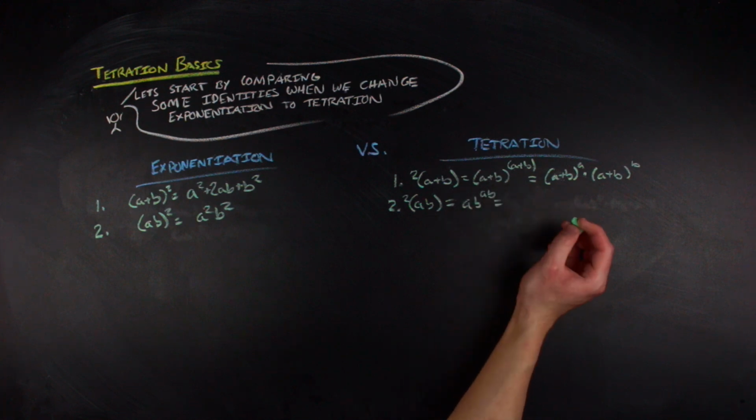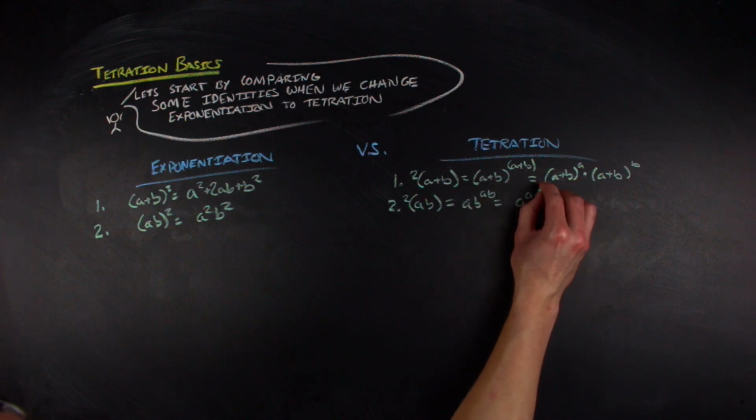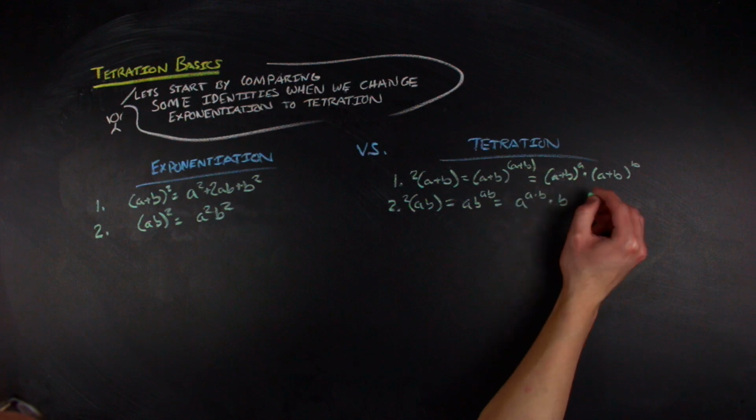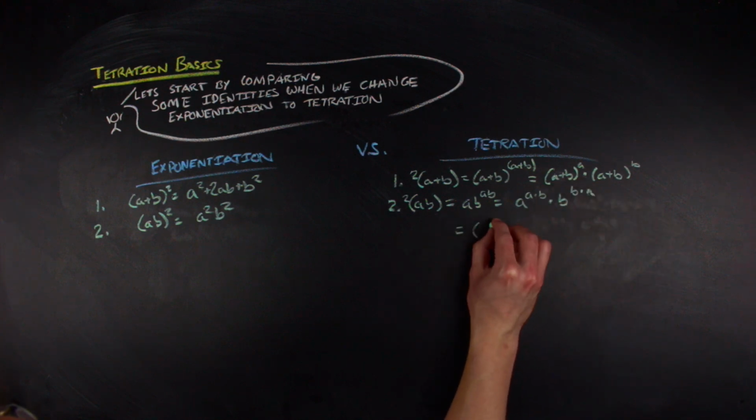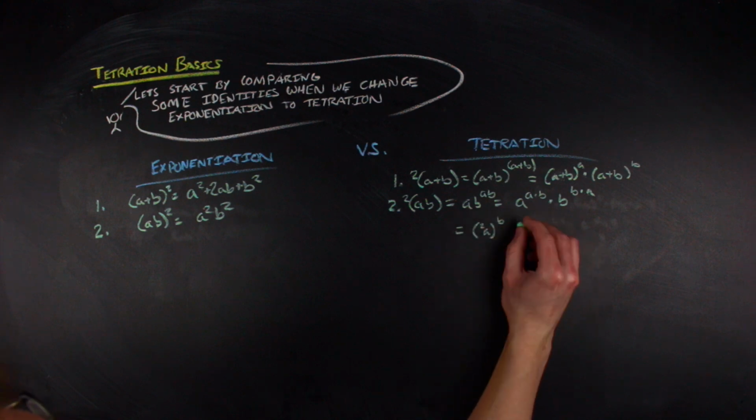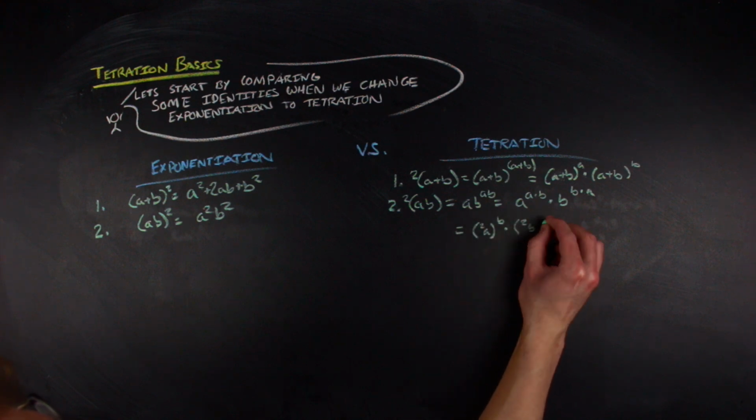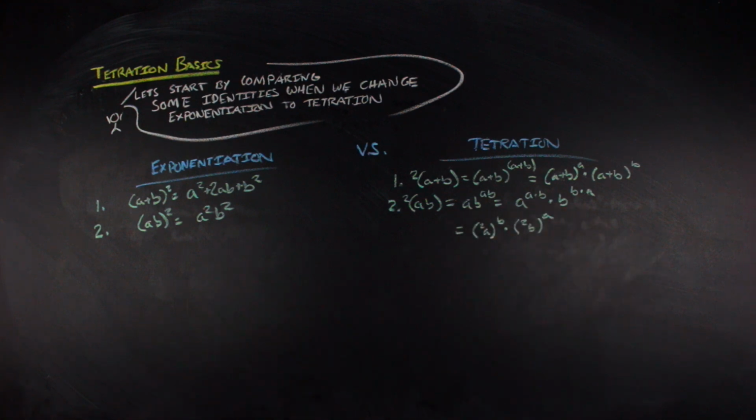You get ab to the ab power, and then using some exponent rules, you can break that up into various multiplications, both at the base level and in the exponent. So we can get a to the a times b to the b times a. That's just the tetration of a to the height of 2, quantity to the bth power, times the tetration of b to the height of 2, quantity to the ath power.